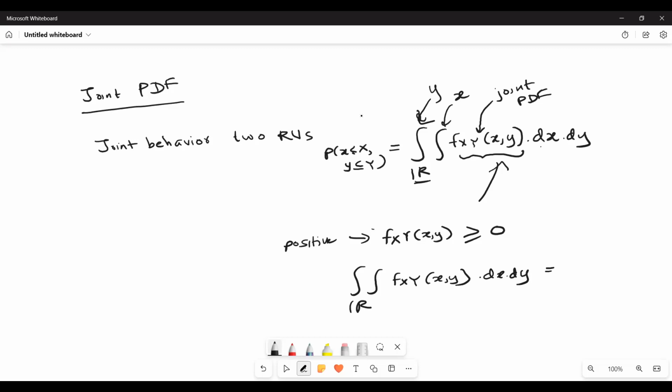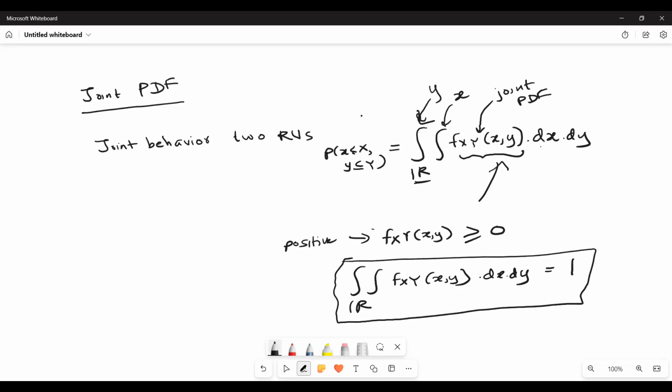Right, if we take the integration of the total range that we are considering, then the integration will be equal to 1. Actually in here, we are considering a specific region, not the entire real region. So this will be some kind of x1, x2, and then y1, y2. The difference between this integration and this integration is that in the first integration, we are considering a specific range of x and y values.